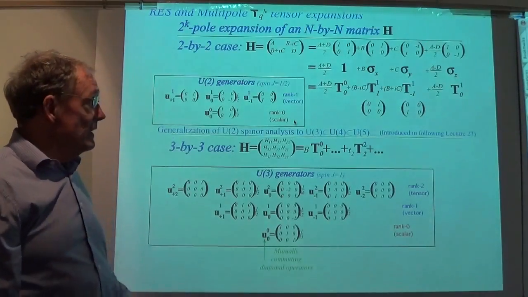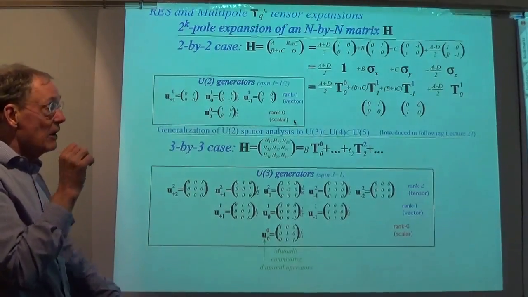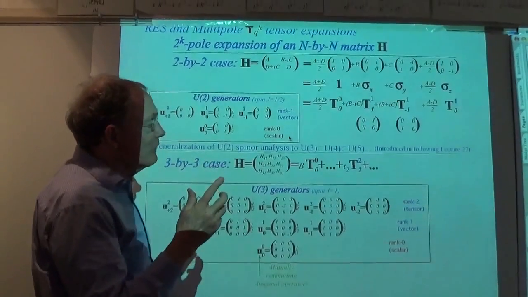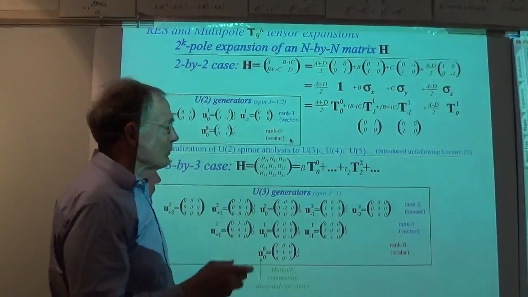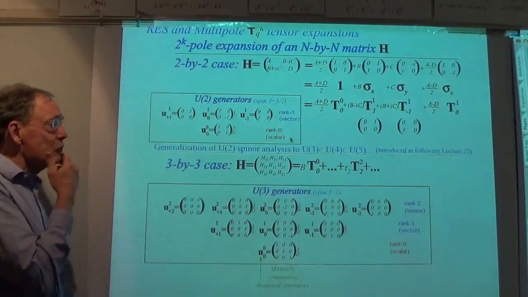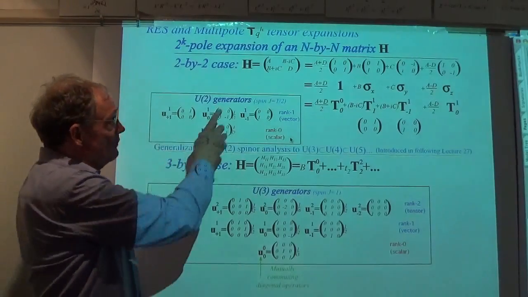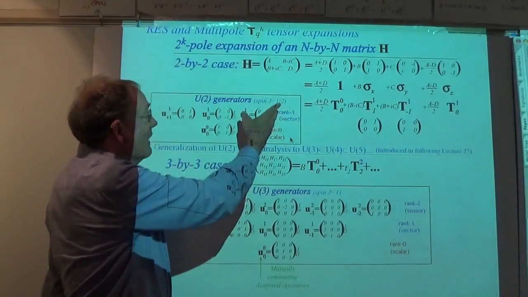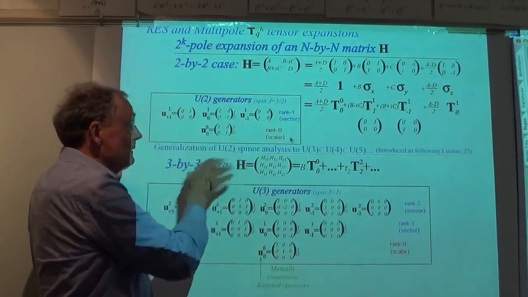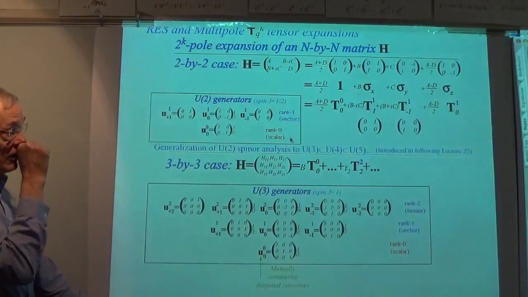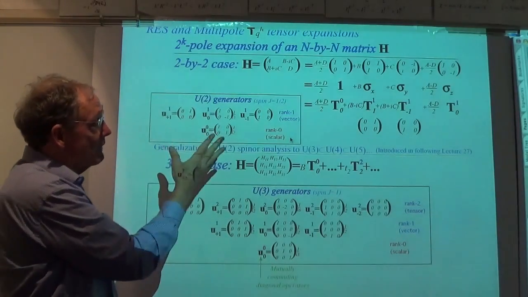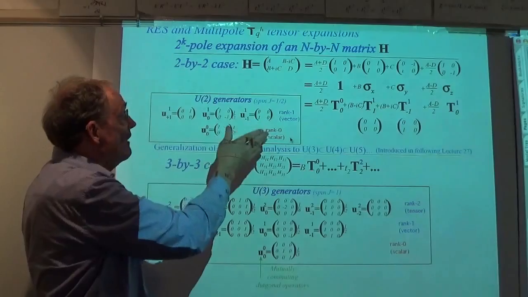Now, in the next lecture, and pretty much if we maybe have 2 additional lectures, we could really cover this well, but we're at least going to try to show you a generalization of the spinor analysis we spent a lot of time describing when we were talking about spin vectors and spin a half.